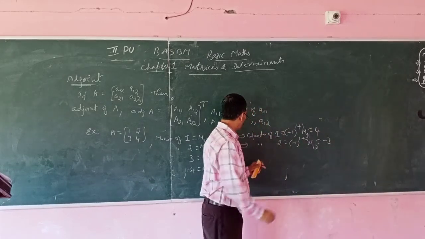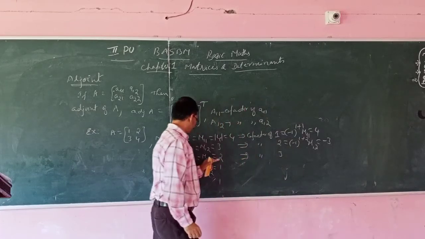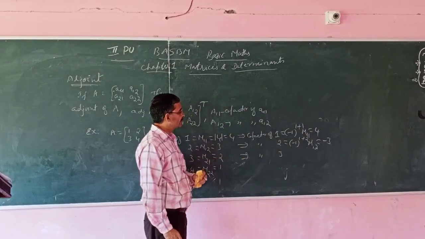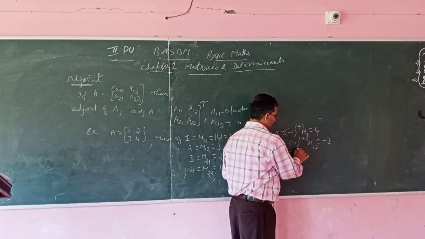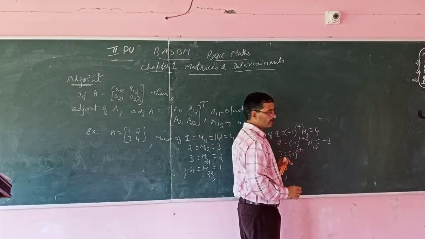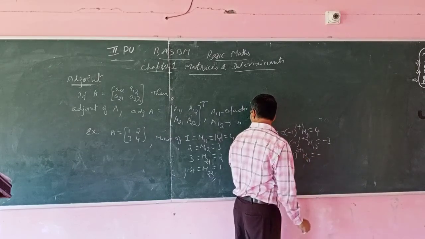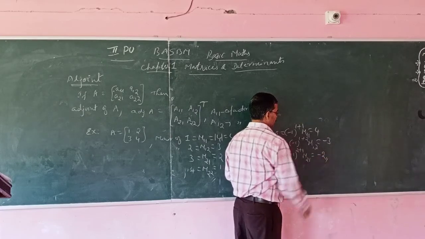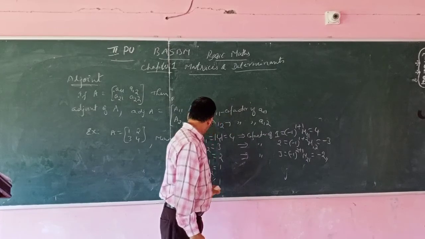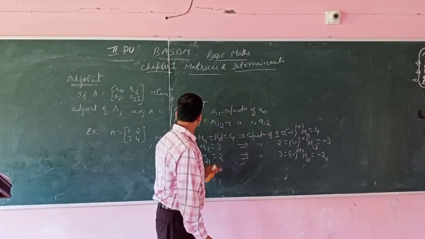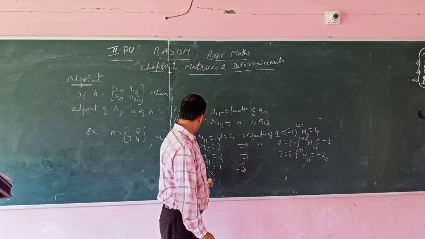Next, the cofactor of the element 3. That equals minus 1 to the power 2 plus 1, second row, first column, times M21, which is nothing but minus 2. There is a minus sign, check the plus and minus sign. Last one, the minor of the element 4 is 1.